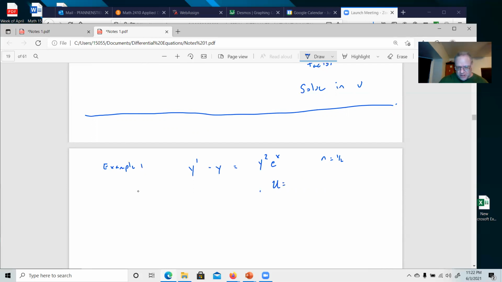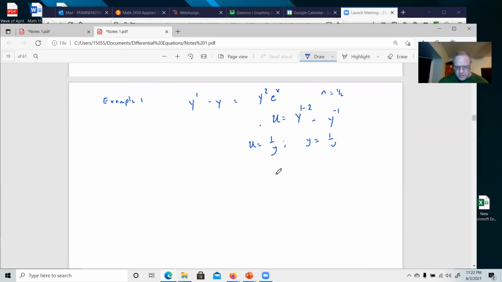So we're going to say let u equal y to the 1 minus n. This is y to the negative 1, so u is equal to 1 over y, or y is equal to 1 over u. Either way is okay. I don't think there's a prescribed way of doing this. I've done a couple of these in slightly different ways, just messing with what I thought would be an easier derivative to take.